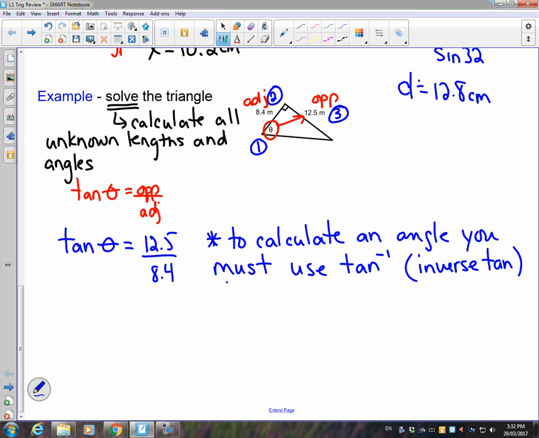And there is also inverse cos, depending on what formula you're using. You'll find those buttons right above sine, cos, and tan in case you've forgotten.